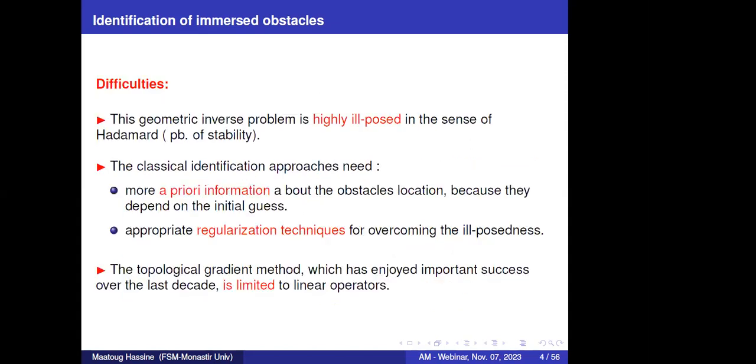The main difficulties here. The first difficulty comes from the ill-posedness of the problem. So this problem is highly ill-posed in the sense of Hadamard. The ill-posedness comes from the instability of the problem.